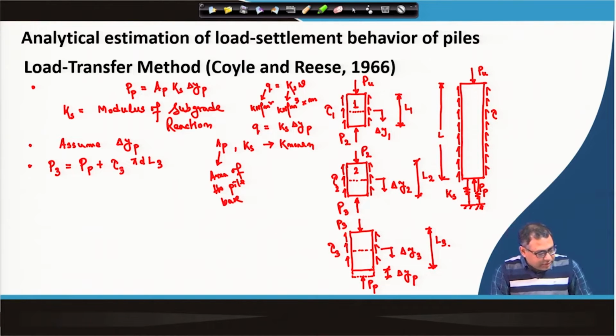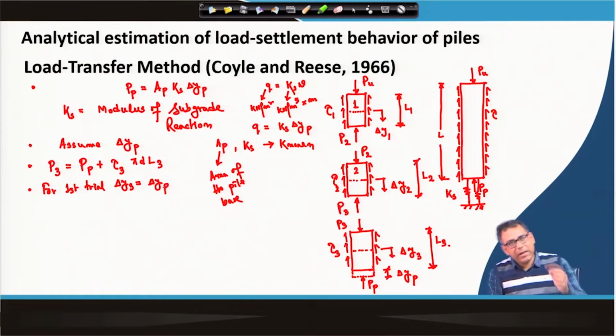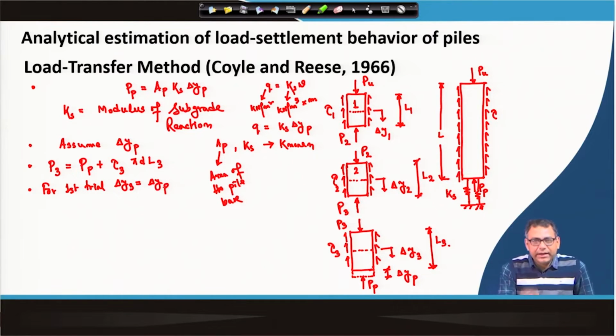So this tau 3 we have to again assume. For the first trial we assume that del y 3 is equal to del y p, because we have assumed del y p.